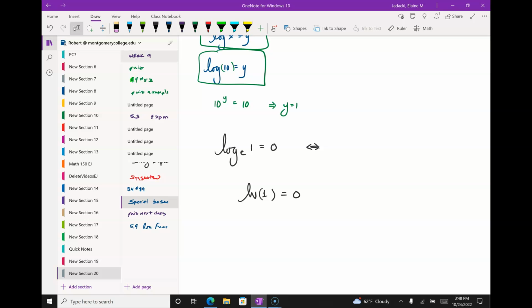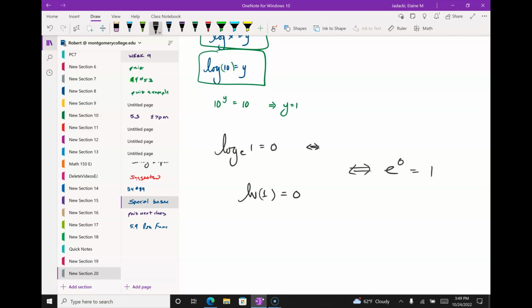What is the natural log of 1? I'm telling you 0. But what's our translation? What's our base? e. What's the exponent? 0. And what's the argument? 1. And e to the 0 is 1, right? You agree?